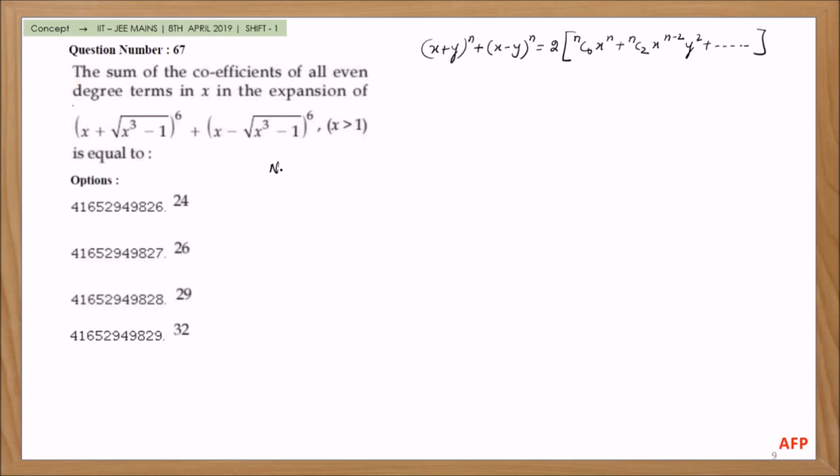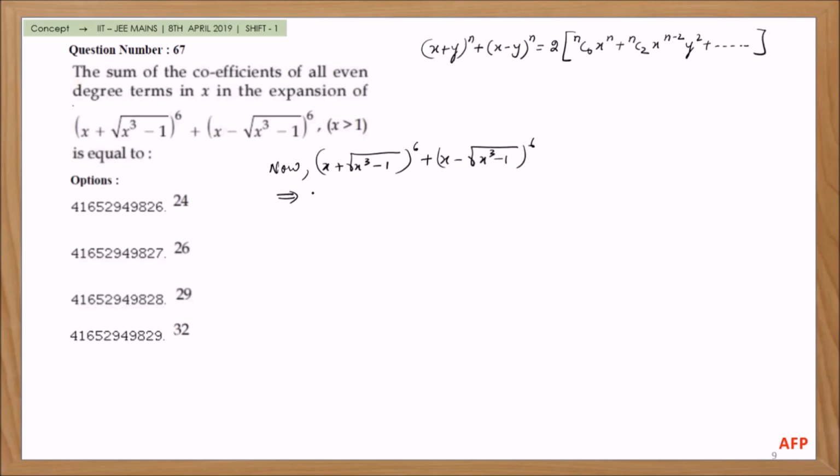So now, (x + square root of (x cube minus 1)) raised to 6 plus (x minus square root of (x cube minus 1)) raised to 6.